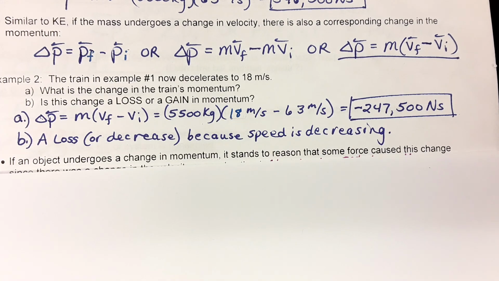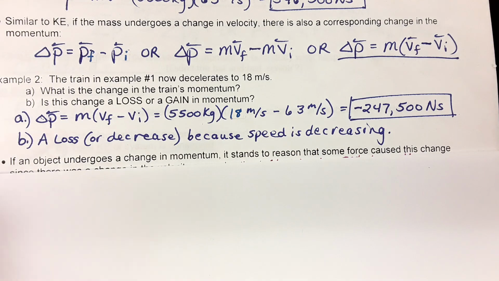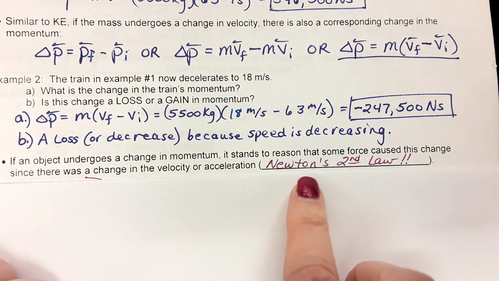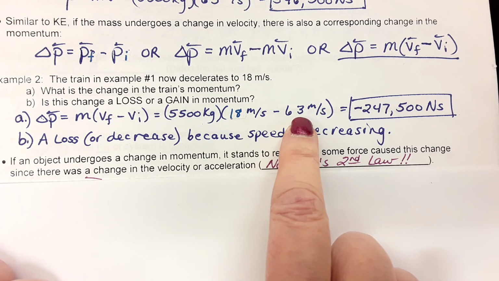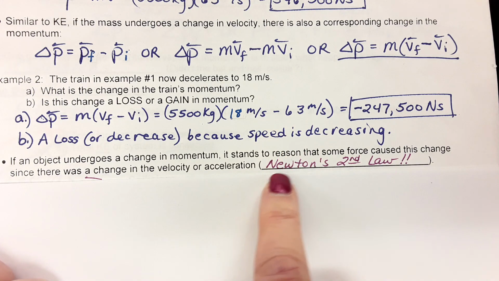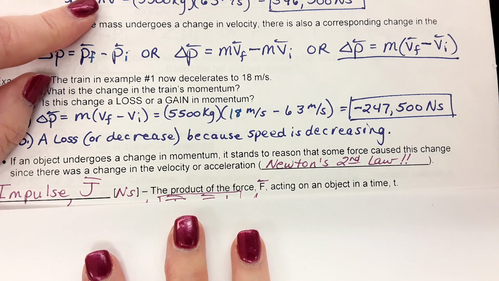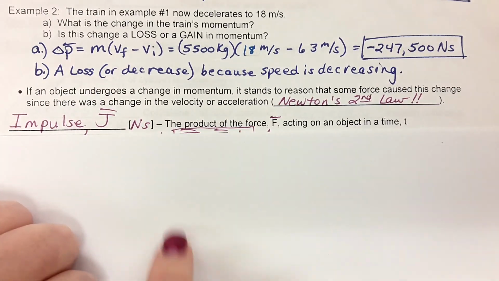So there must be a relationship between force and momentum, since momentum also depends on change in velocity. So let's look. Don't forget Newton's second law. If you have a change in velocity, it's because you're accelerating or decelerating, so Newton's second law is going to hold here.